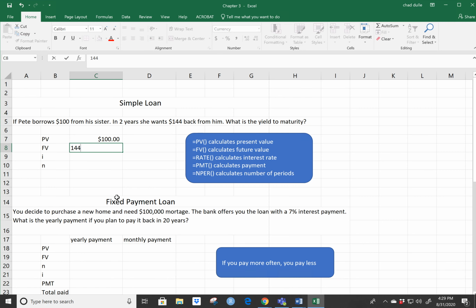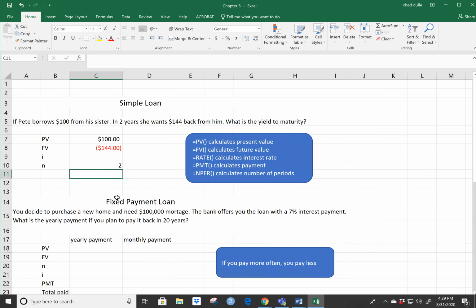And also, just like the financial calculators, if you are calculating N or I, you have to make sure either present value or future value is negative, or if you're working with a payment, maybe the payment is negative. I think it's helpful, obviously, to think about the problem if you repeat here. So you get $100 today and you owe it in the future. So I usually put negative for the future value here.